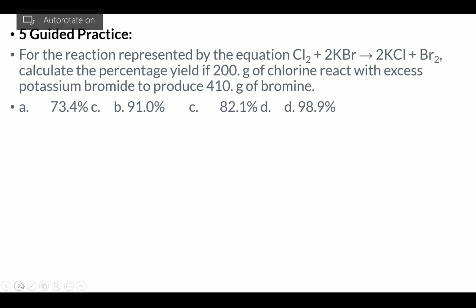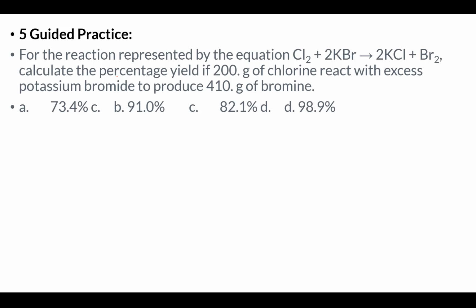For the reaction represented by the equation Cl2 plus 2 KBr yields 2 KCl plus Br2, so chlorine plus potassium bromide gives potassium chloride plus bromine.